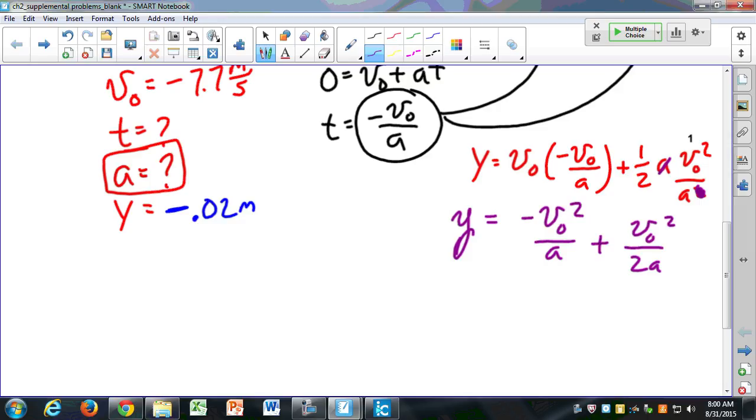Depending on how you want to do this, you can put in numbers or not. I'll put in numbers here because I know what v naught is. It's negative 7.7. Actually, to make the math easier, guys, I'm just going to make it 8. So v naught is equal to negative 8. So this is going to be negative 64 over a plus 64 over 2, that's 32 over a, is equal to y.